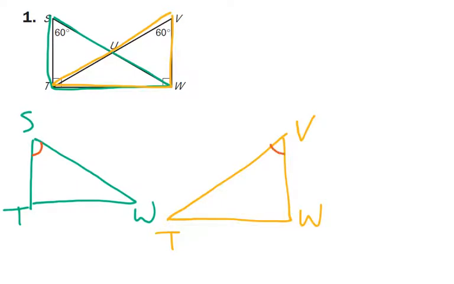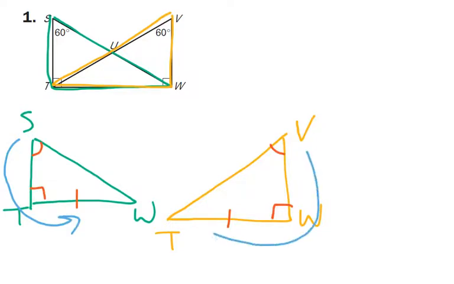Now, if we mark our congruent stuff, we know that angle S here is a 60-degree angle. Angle V is a 60-degree angle. Angle T is a right angle. Angle W on this triangle is a right angle. Now, the other stuff that we know is congruent is segment TW is congruent to segment TW by the reflexive property. So looking at our triangles, we have angle, angle, side congruent to angle, angle, side.